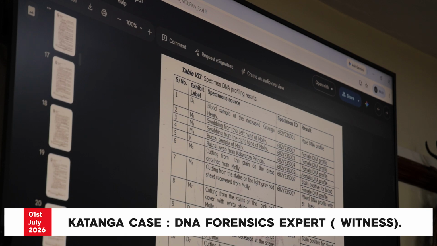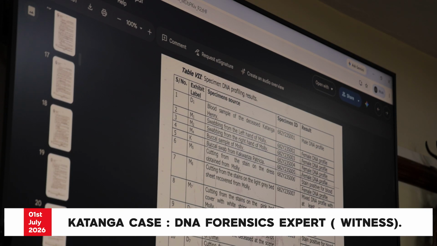Much obliged. My lord, what we had last is that reference samples were picked from, and she mentioned Patricia and another person, and she was saying they were picked from the mouth. So generally the reference DNA samples are recovered from the mouth, the cheek cells of an individual.